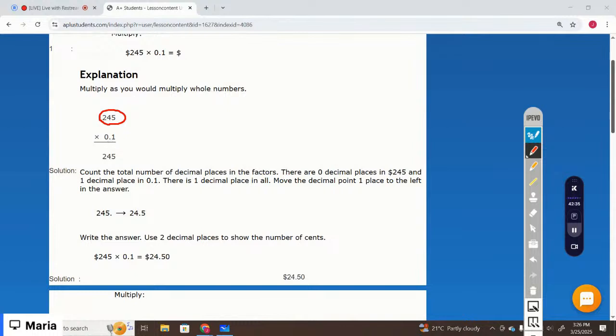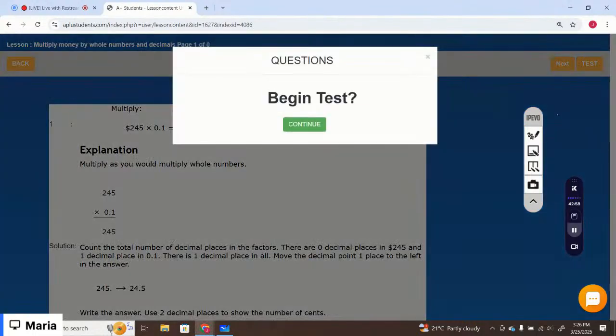So we have a total of one decimal place. That means you need to move the decimal point one place left. So 245 becomes 24.50. That is $24.50. Okay, let's just start with the test questions.